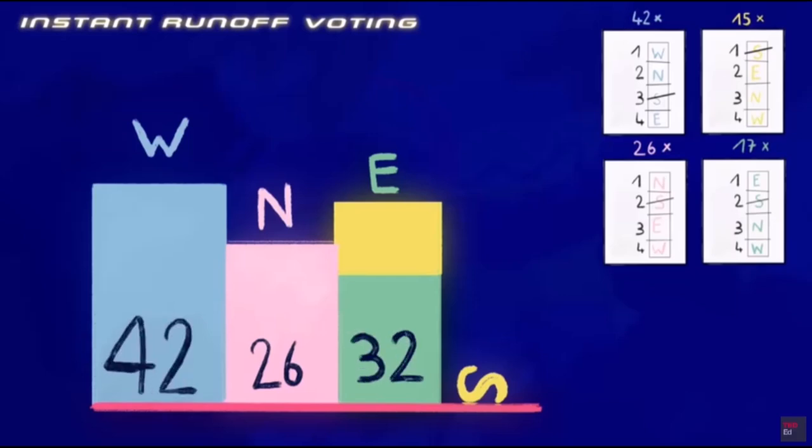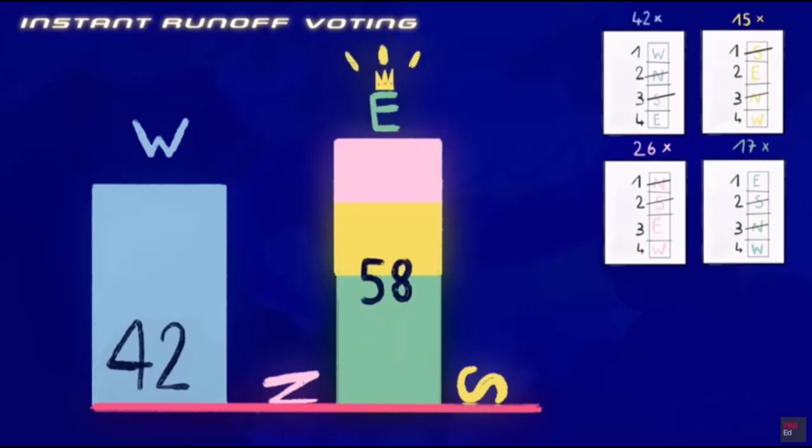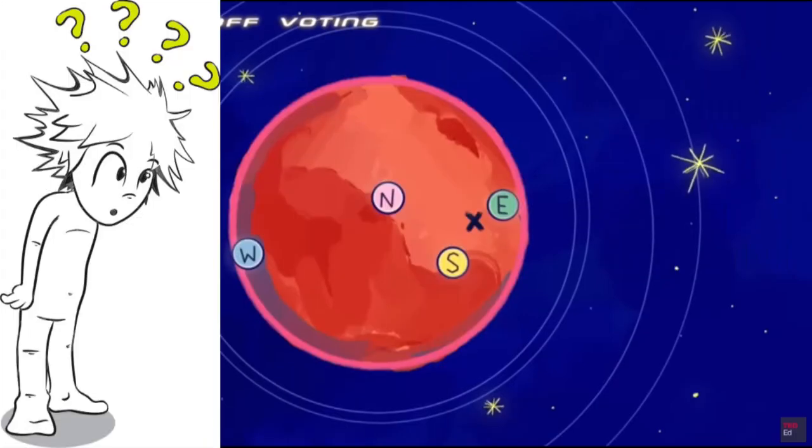We then compare top preferences and cut the last place option again. This time, North Base is eliminated. Its residents' second choice would have been South Base, but since that's already gone, the votes go to their third choice. That gives East 58 votes over West's 42, making it the winner.